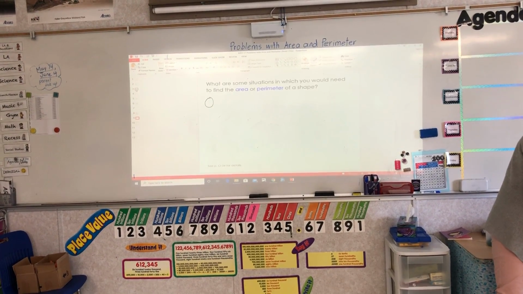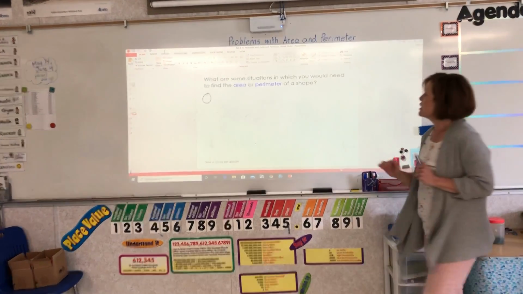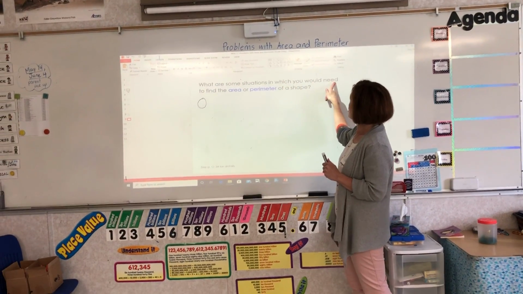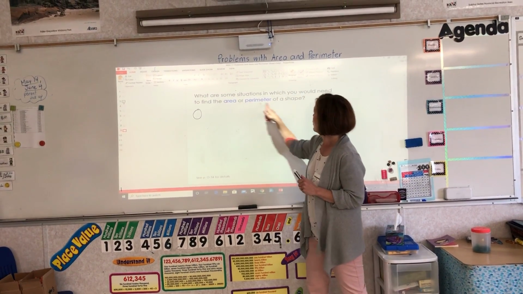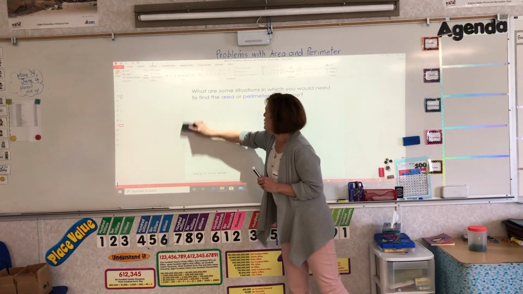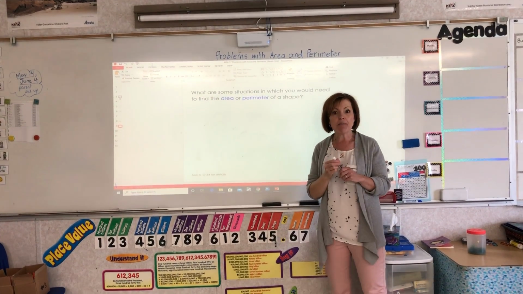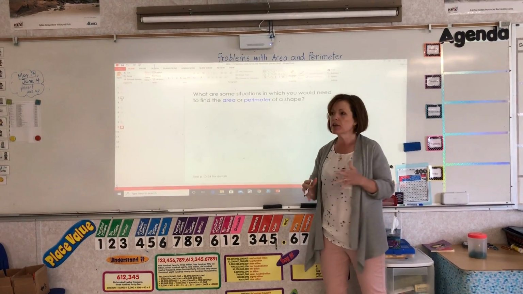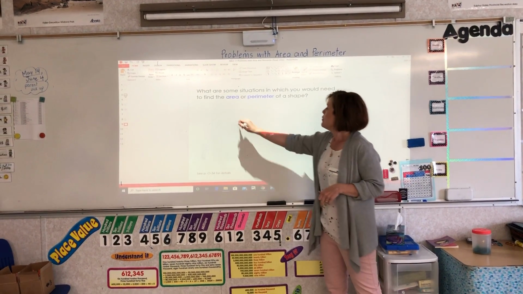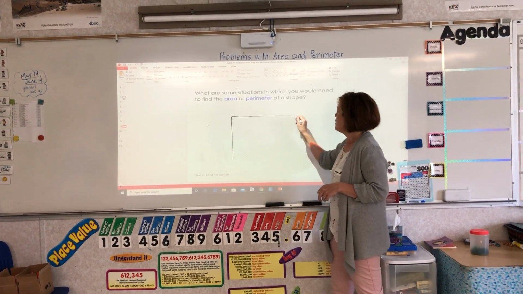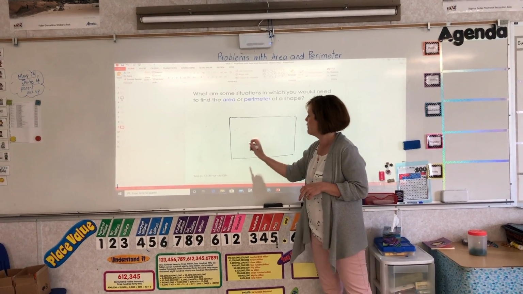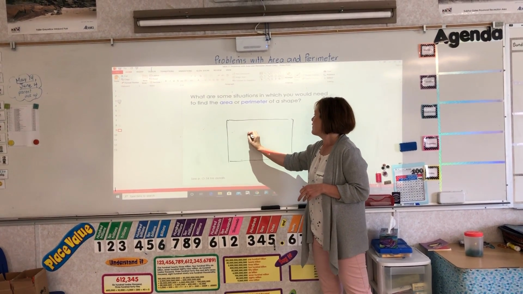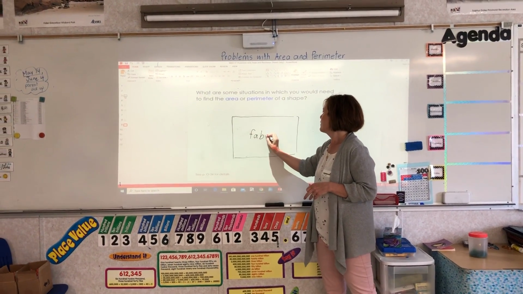All right, so they're going to ask you, what are some situations in which you would need to find the area or perimeter of a shape? So if you were going to go buy some fabric to make a COVID-19 mask, and let's say you were going to make 20 masks, you would need to buy a piece of fabric and you need to know the area of that piece of fabric. So buying fabric or cloth.